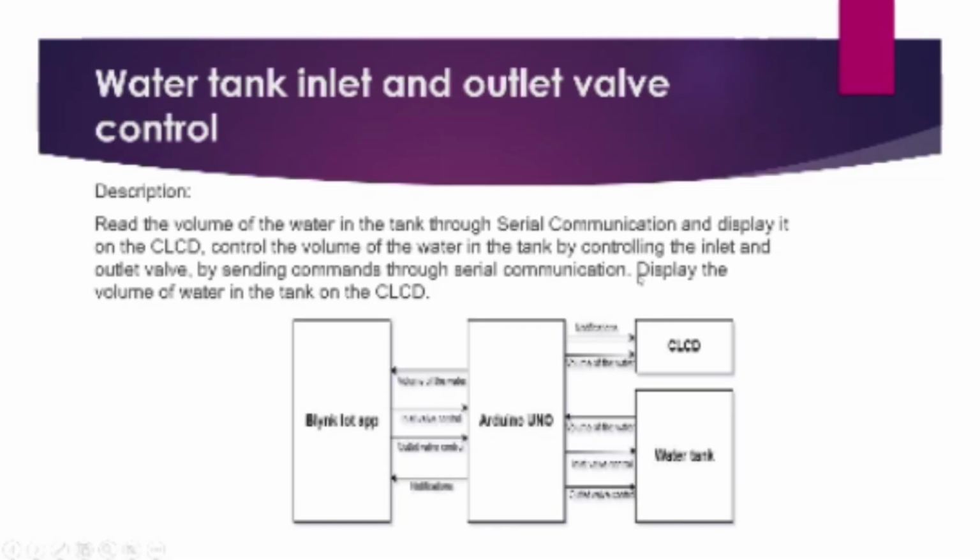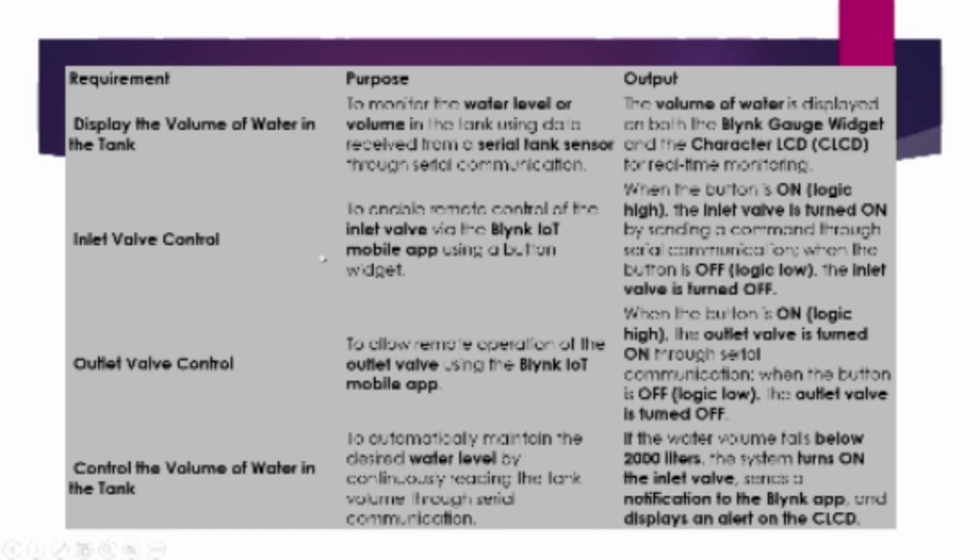Based on this volume of water, the user will monitor the inlet and outlet valve control. If the inlet valve is on, water flows in through the inlet valve in the water tank. The same happens with the outlet valve. And this is the summary of the requirements and the controls in the water tank system.